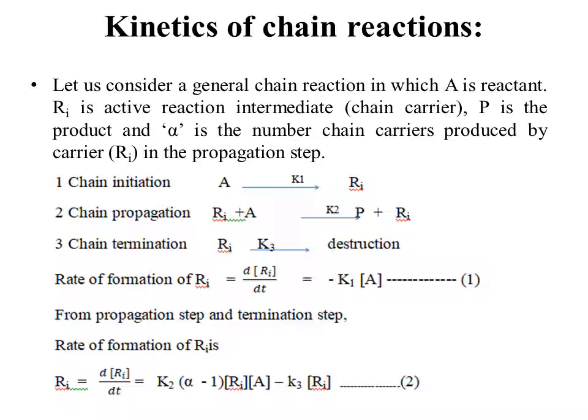The chain carriers Ri react with the reactant A to form product P and regenerate Ri with the rate constant K2. And in the third step, Ri is destroyed with the rate constant K3.